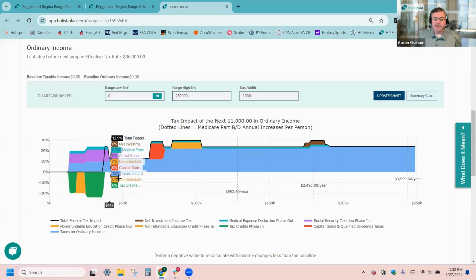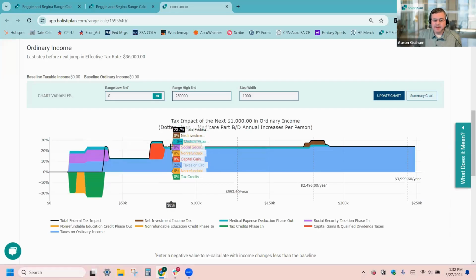So they have used those up. They phased those in, but at some level of income, which is right here where we get to about $84,000, that's when Reggie and Regina, because of their income, begin to phase out of this lifetime learning education credit, which has a net effect to their tax bill of 6%. And again, you can look at the additional $1,000 of ordinary income to test any of this math out that you'd like to.